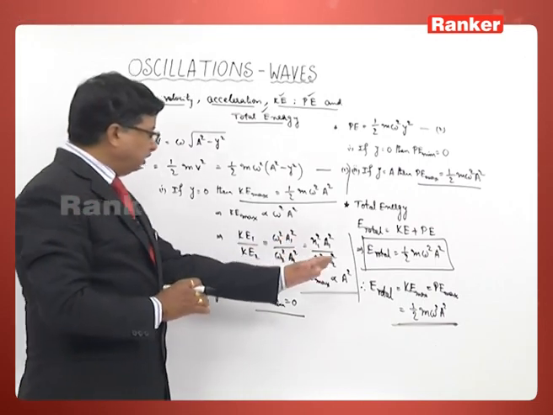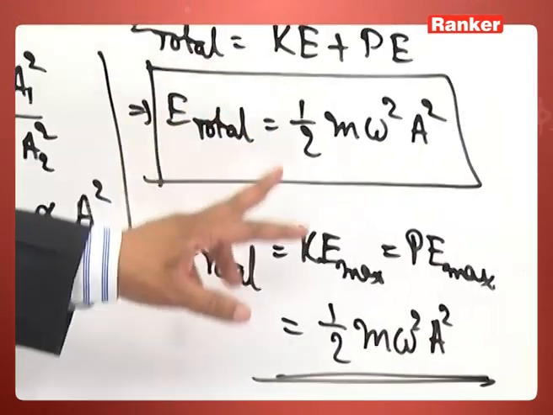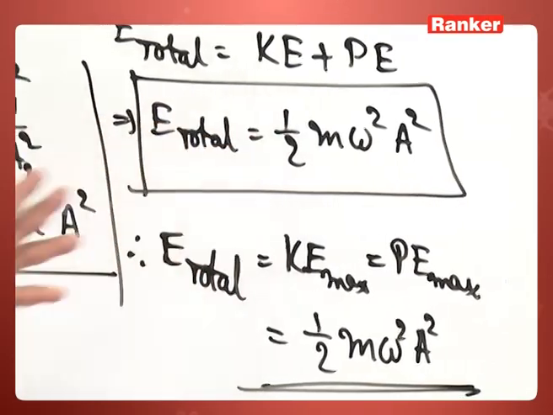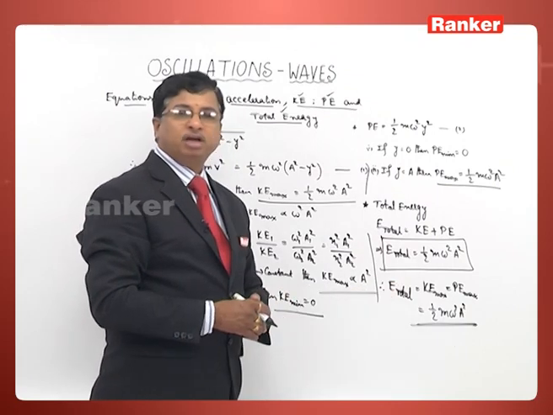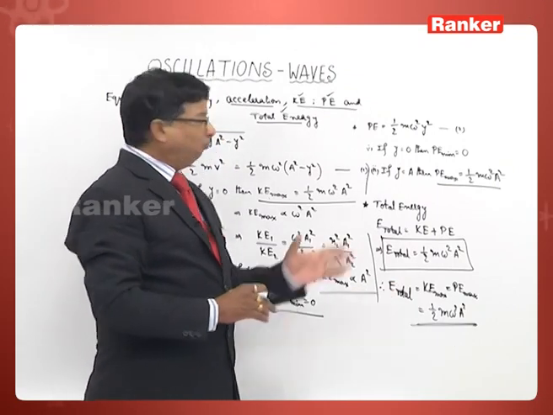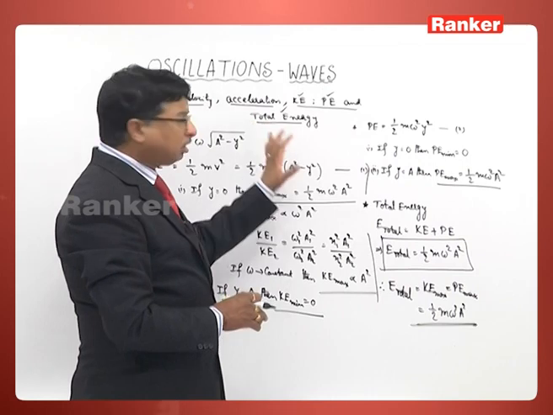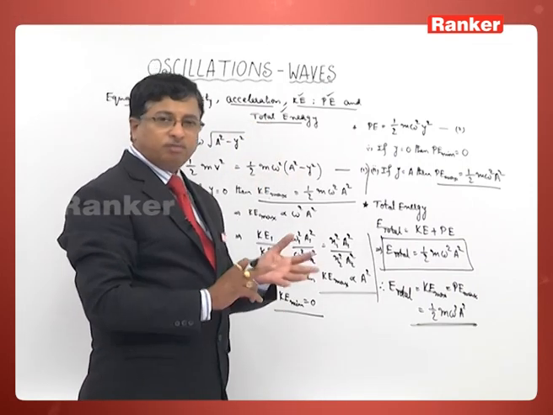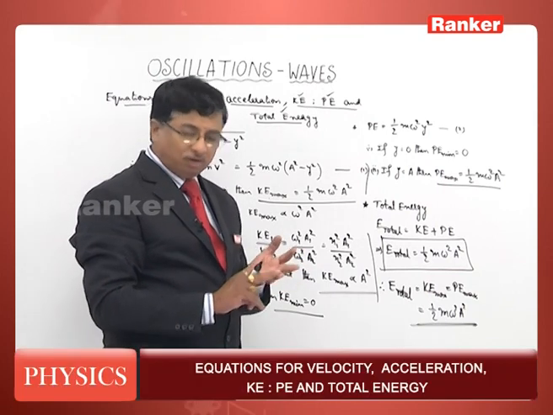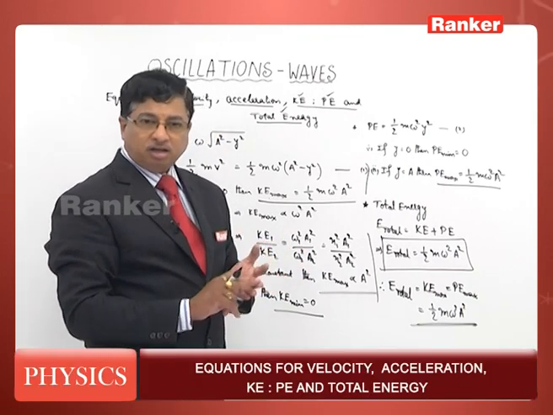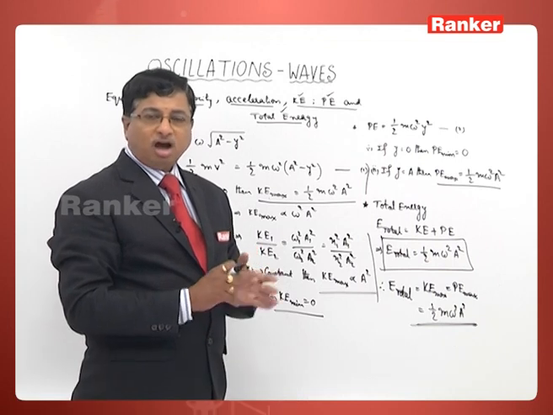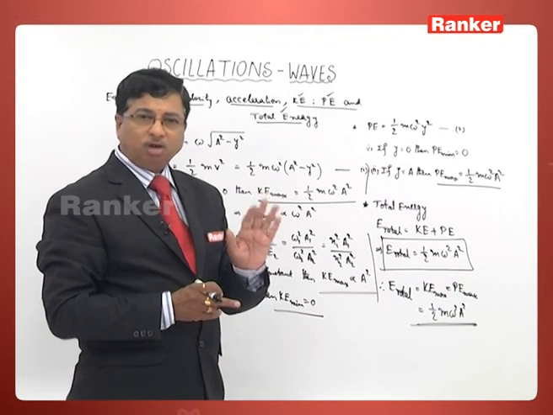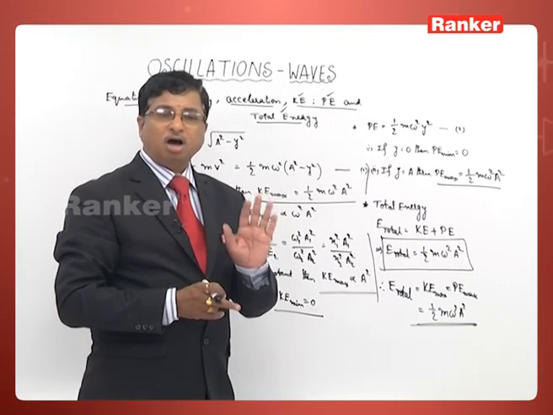So, when we consider the total energy, kinetic energy max, potential energy max, whatever you talk about, it has the same formula, half m omega square a square. While dealing with a particle in SHM, everyone needs to remember the equations for velocity separately, acceleration separately, then kinetic energy, then potential energy, and finally the total amount of energy the particle is going to have in simple harmonic motion.